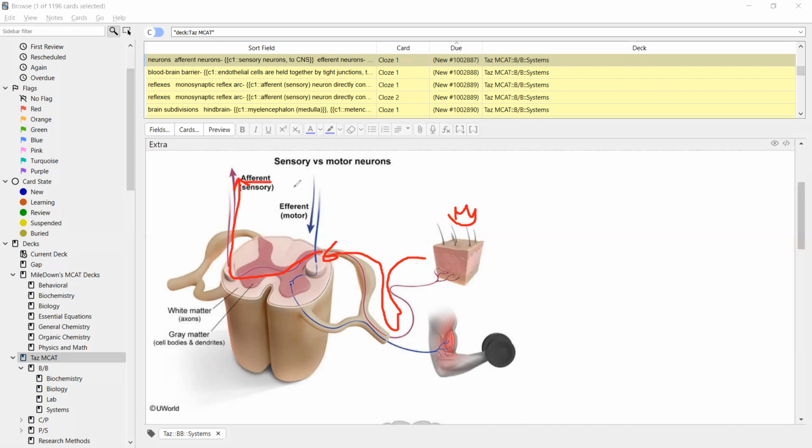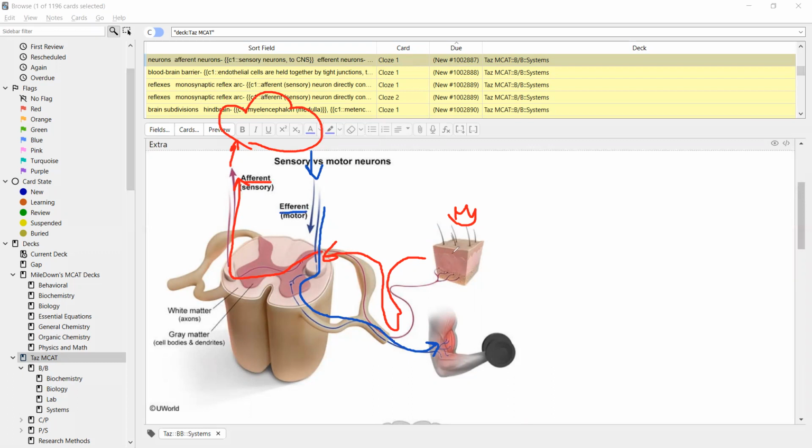Once the signal reaches the brain up here, the brain will make a decision and send out another signal down the spinal cord, which arrives at the spinal cord and is then shuttled off to the muscle for the muscle to perform an action. And this is called an efferent neuron.